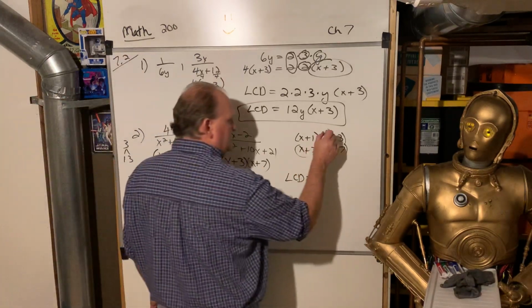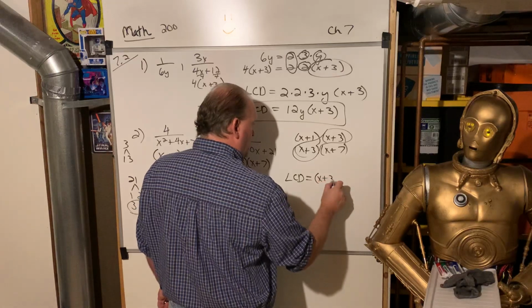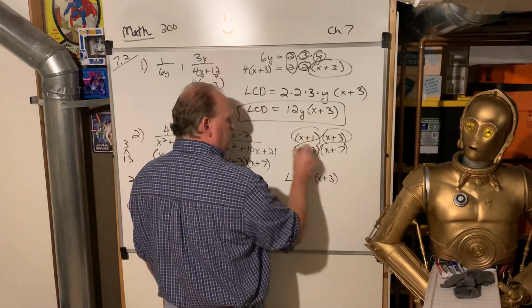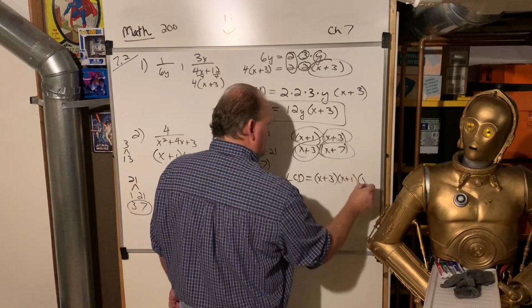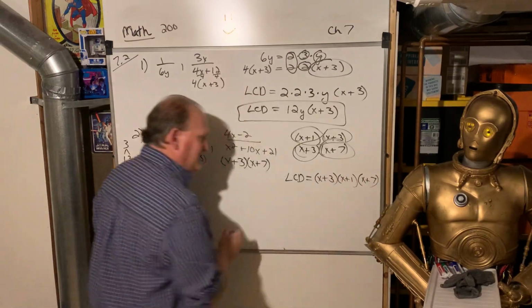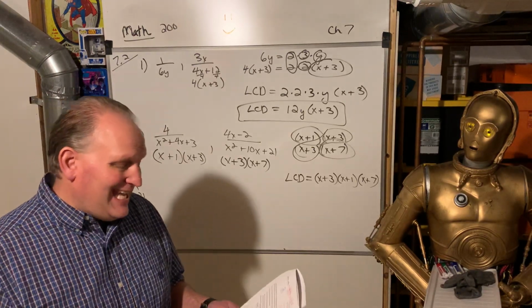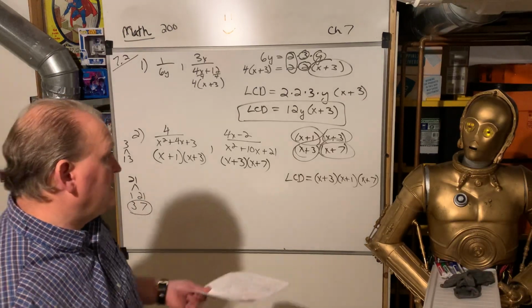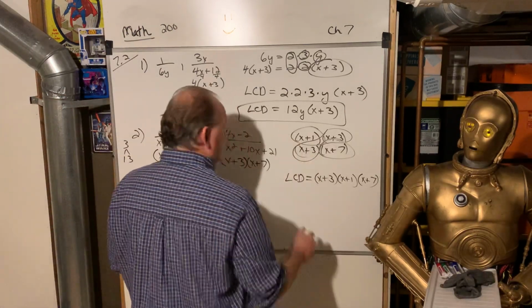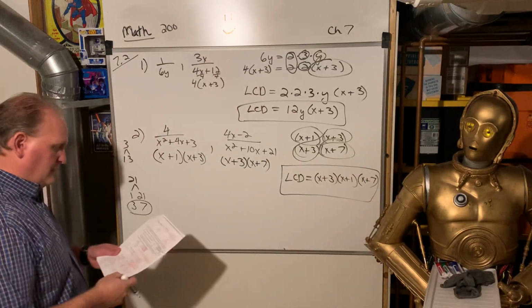Well, they both have an x plus 3, so you take that once, and then you take the leftovers, that one and that one. And that binomial times binomial times binomial is my lowest common denominator. I know it doesn't seem like a lowest common denominator, it's very abstract, but it is. That is the LCD. All right.